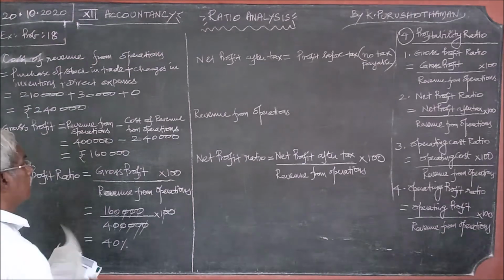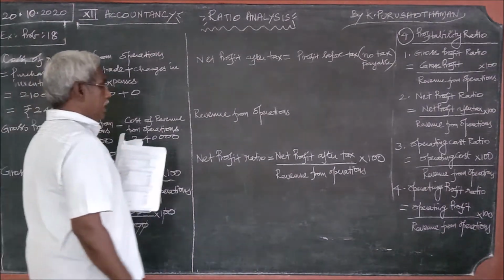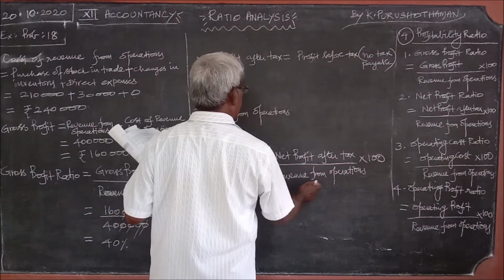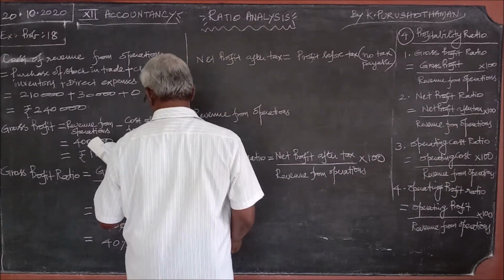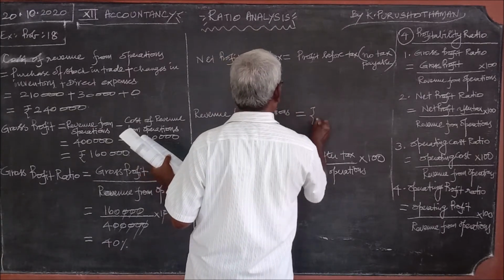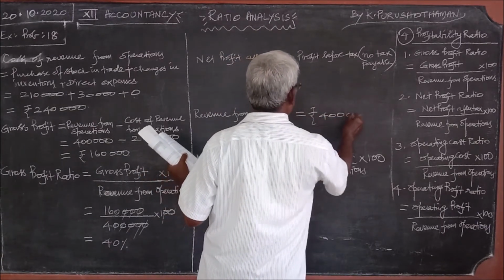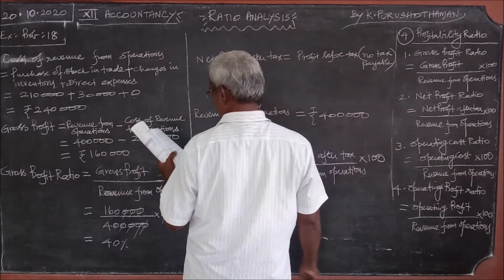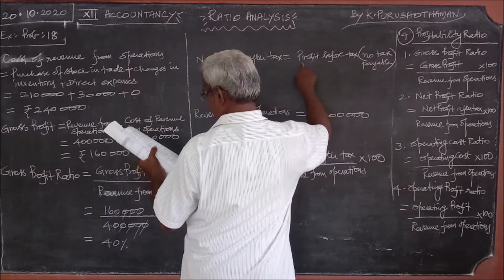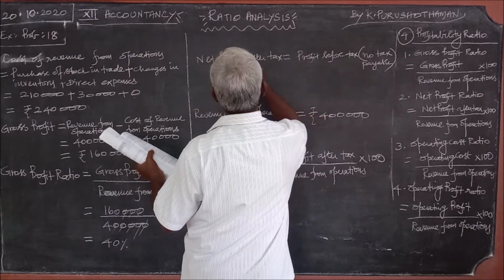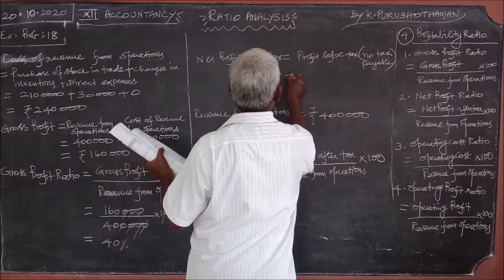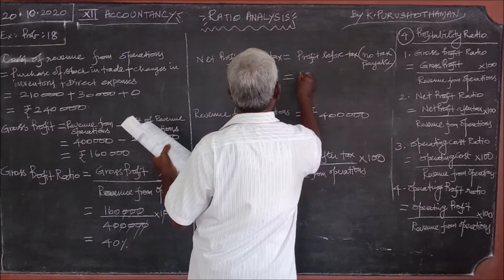Then we shall go to net profit ratio. Net profit ratio is equal to net profit after tax by revenue from operations into 100. In this also, revenue from operations equal to 4 lakhs. This is given straight away. What about this is profit before tax? Here nothing is given about tax, the same thing. Therefore net profit after tax is equal to profit before tax, which is equal to 80,000.